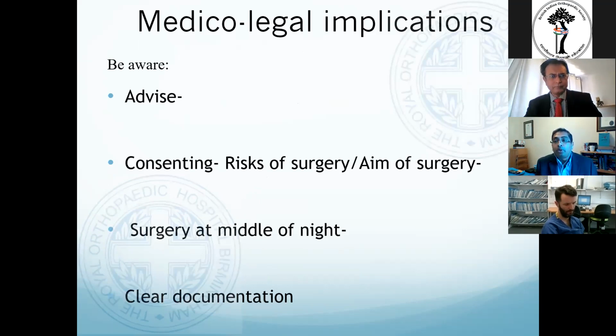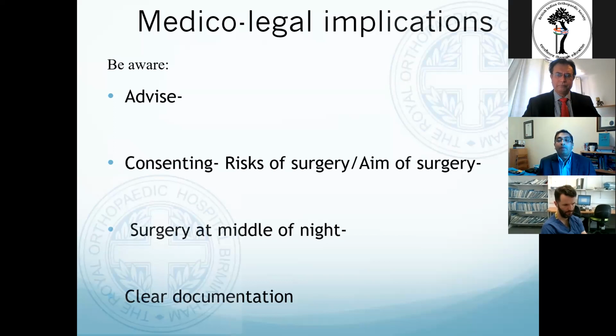When it comes to an orthopedic registrar, an on-call consultant or a neurosurgical registrar, we always give advice over the telephone regarding cauda equina syndrome, whether the patient needs to be scanned or not. So when you give advice, be clear and precise regarding the red flag signs and document what advice you have given. Sometimes we consent for the surgery.